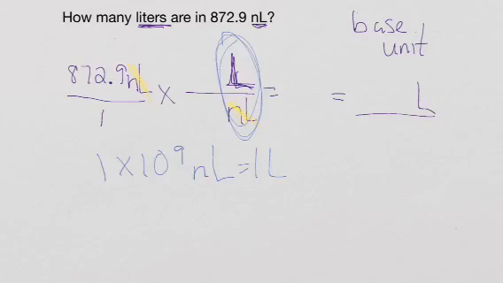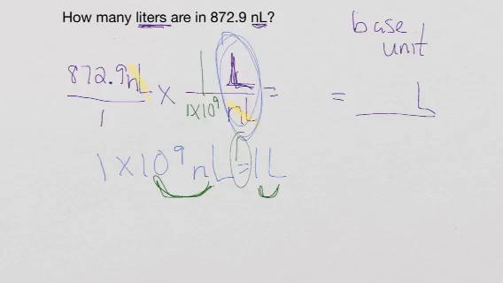So here's our equal sign. Remember that the 1 times 10 to the 9 has to stay with nanoliters, and the 1 has to stay with liters. So which one do you put on top? Hopefully you said the 1. And then the bottom says nanoliters, so that's where we're going to put the 1 times 10 to the 9.